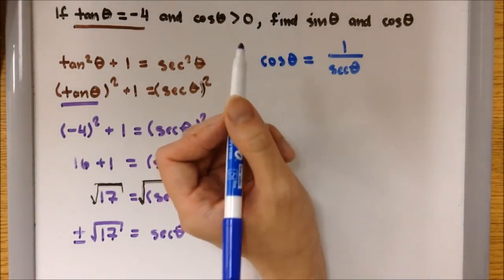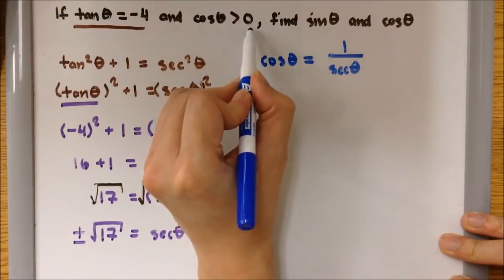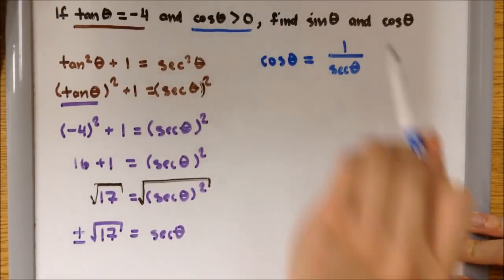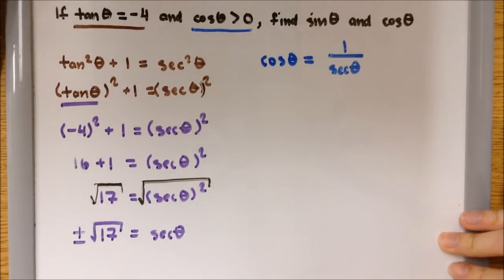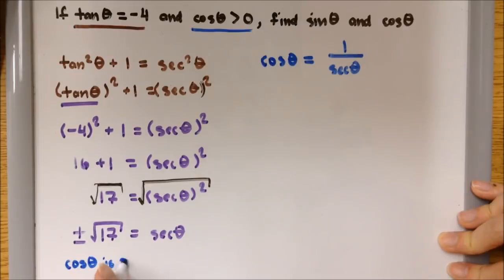Keep in mind, cosine theta is greater than 0. So, let me write right here as a note. So cosine theta is positive.